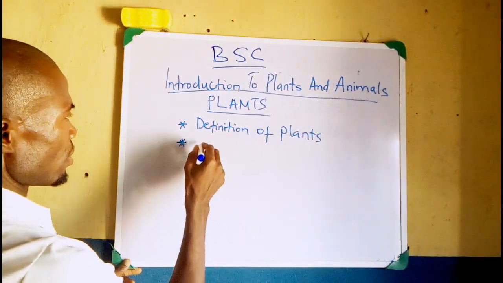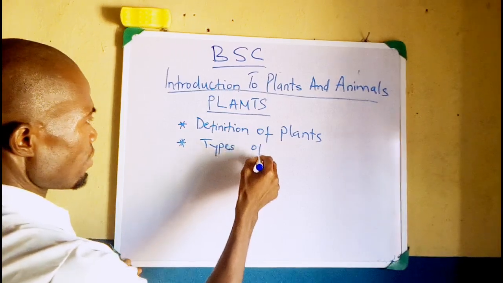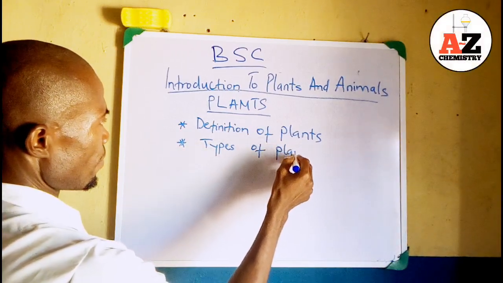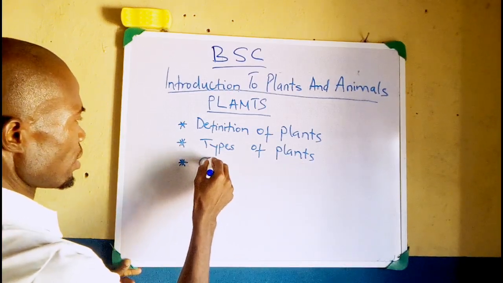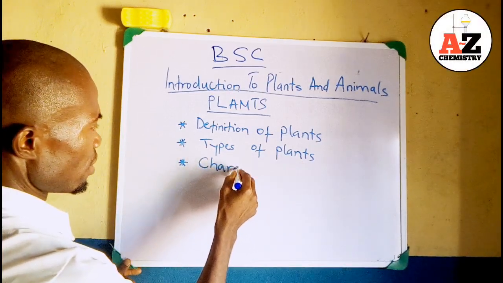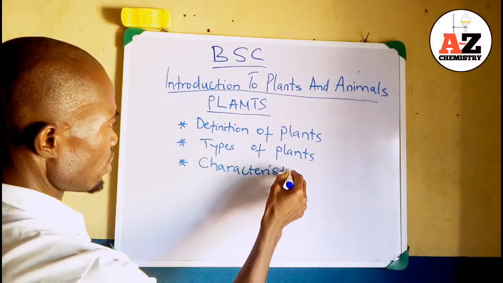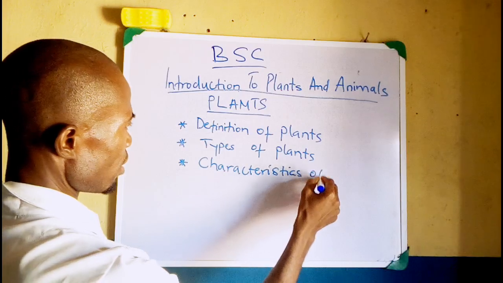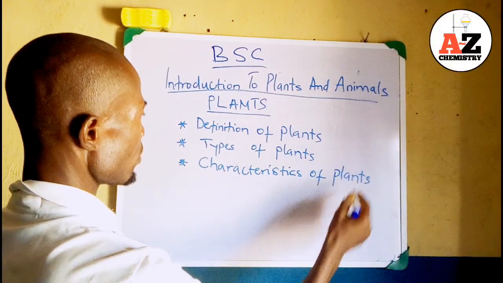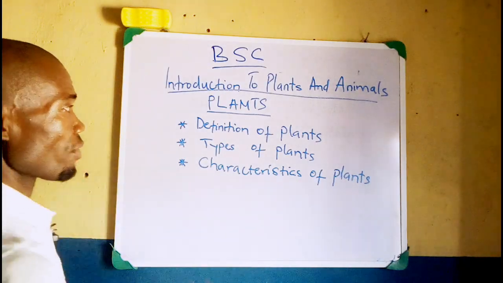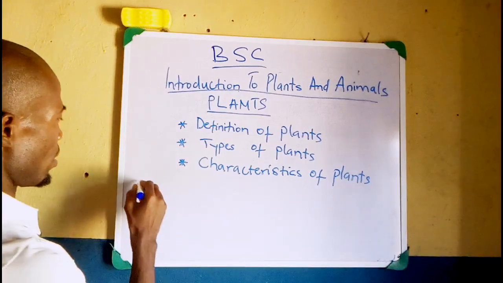After that, we'll look at types of plants. And the last one we shall look at is characteristics of plants. So we shall take them one after the other. So we are starting with the definition of plants.